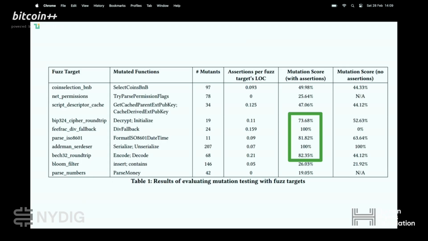And other ones like the BIP cipher round trip again, and the fifrac div fallback, right? The other ones we got like 50%, 40%, 25%, which is expected. But for these specifically, we got a high number.